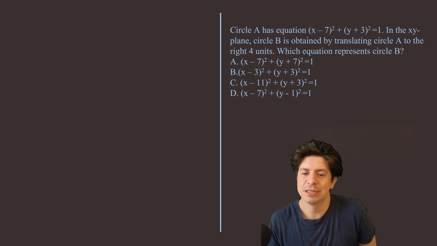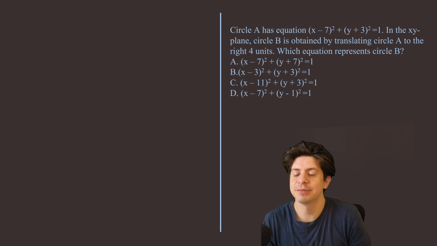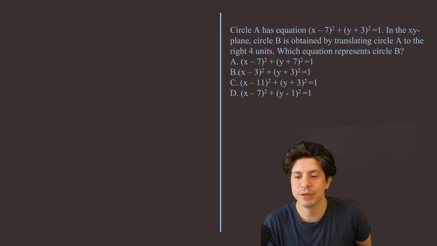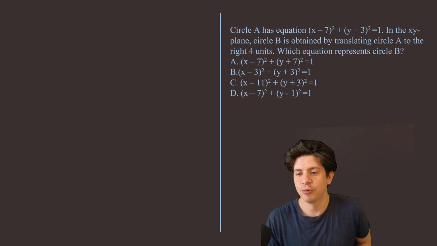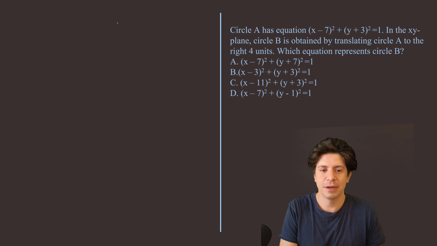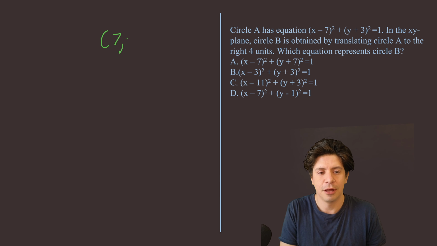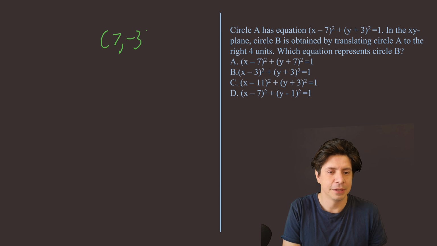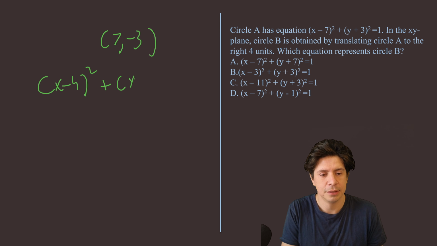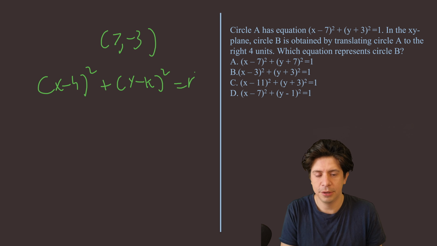All right, and last one here. Circle A has equation (x − 7)² + (y + 3)² = 1 in the xy plane, and circle B is obtained by translating circle A to the right 4 units. Which equation represents circle B? So we're translating to the right. This point right now is (7, −3), using the (x − h)² + (y − k)² = r² form.